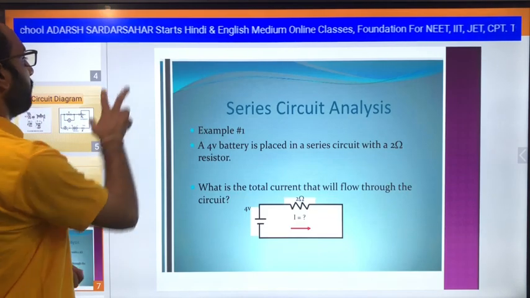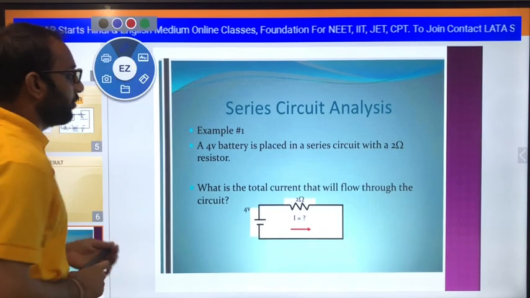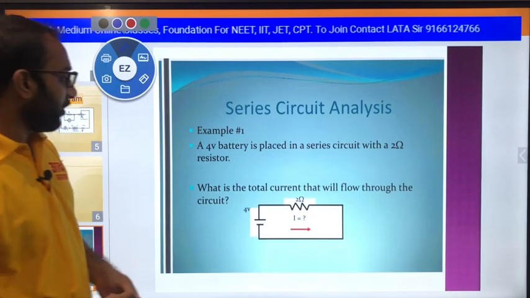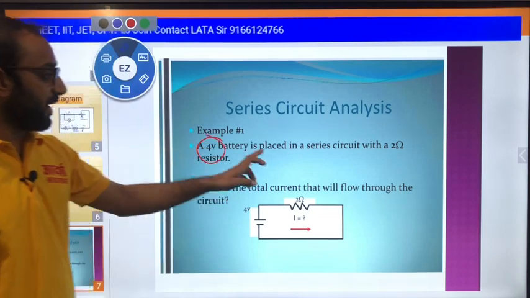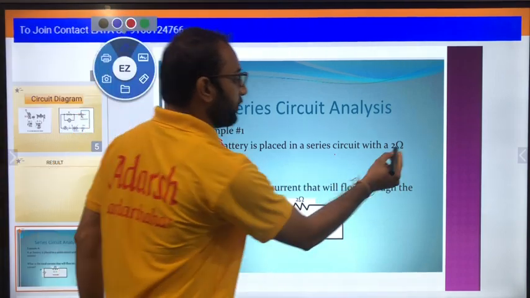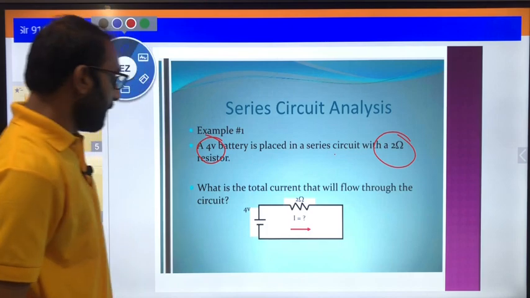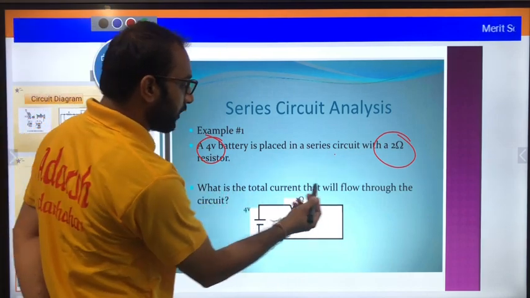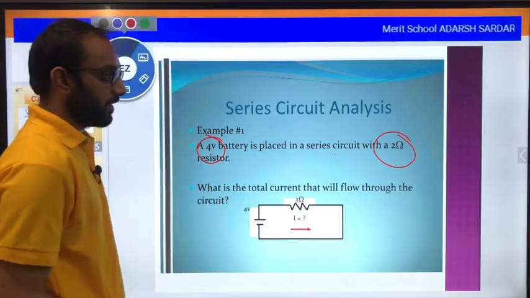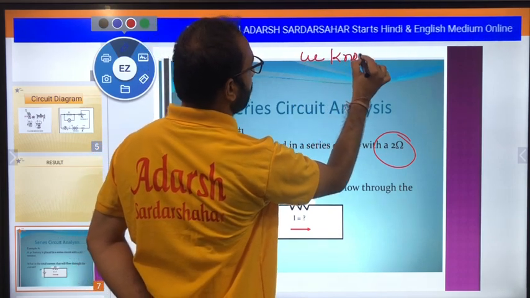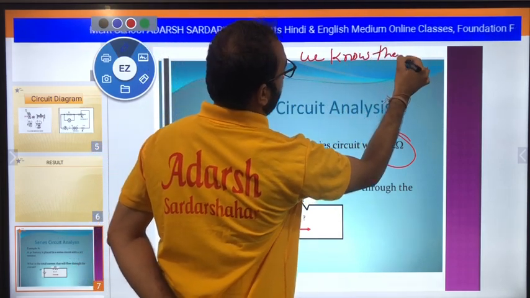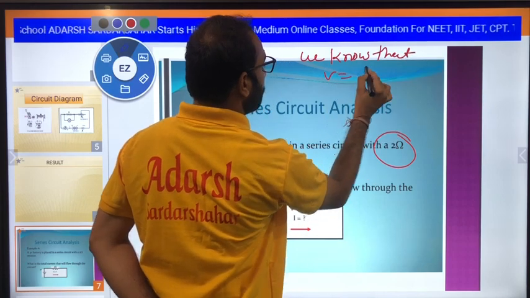Okay, on your screen is an example, a numerical related to Ohm's law. Given that a 4 volt battery is placed in series with a resistance of 2 ohm. What is the total current flowing through the circuit? We know that V is equal to IR.